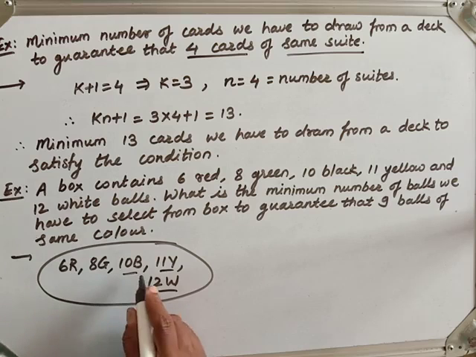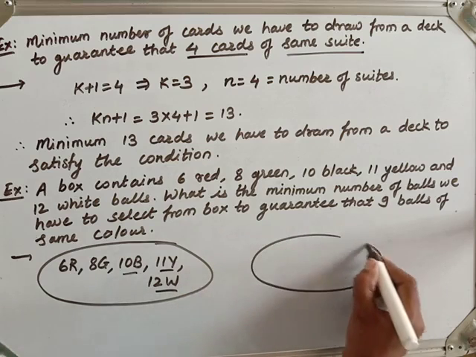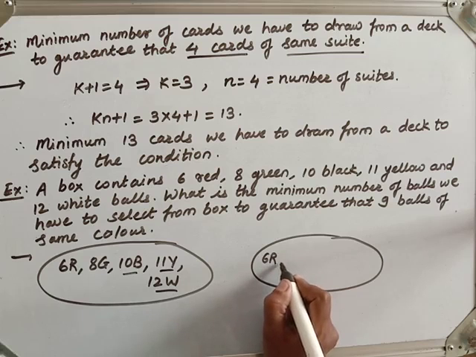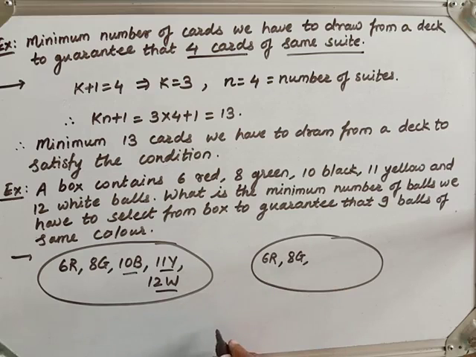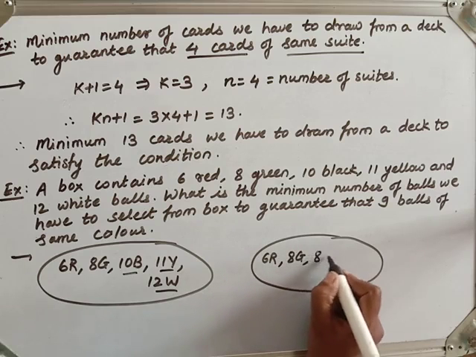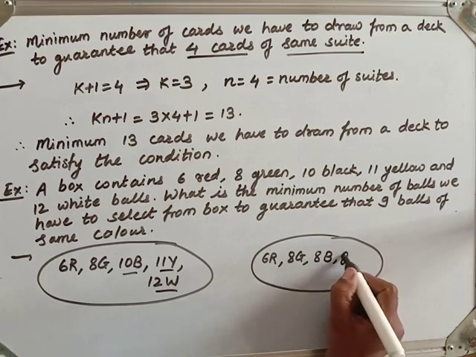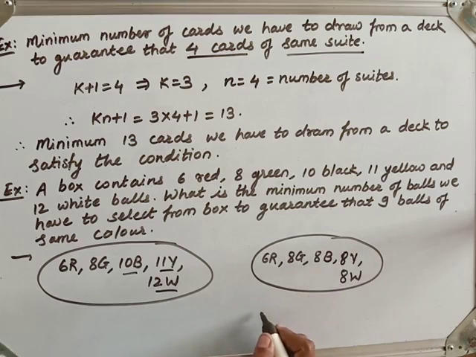But it is not possible that we will always get black, yellow or white. So in place of that, let me consider that I select 6 red, 8 green, 8 black, 8 yellow and 8 white balls. Now suppose I select one more ball.